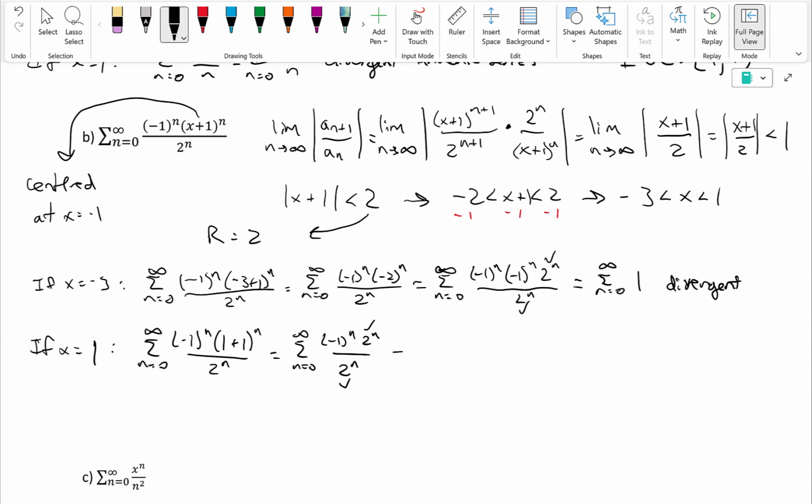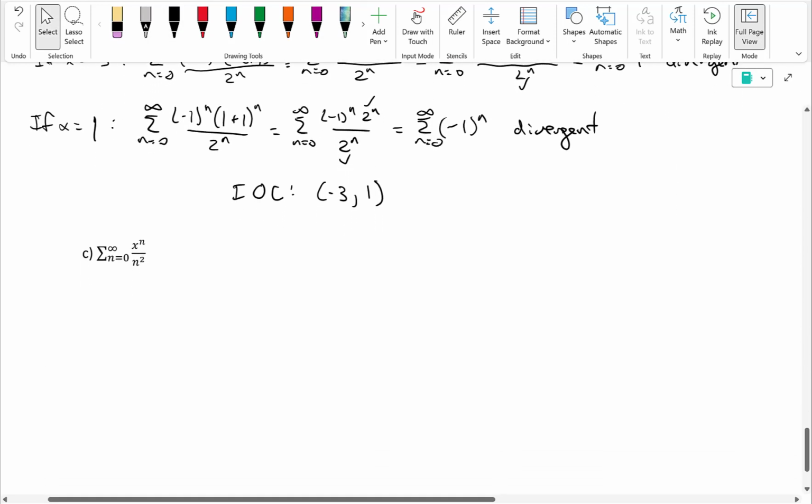Again, the 2^n's cancel out. We've got our summation n equals 0 to infinity of (-1)^n. That doesn't have a limit, so it's divergent. So we are not convergent at either endpoint, which means our whole interval of convergence is just -3 to 1, right? Not inclusive, so neither endpoint.